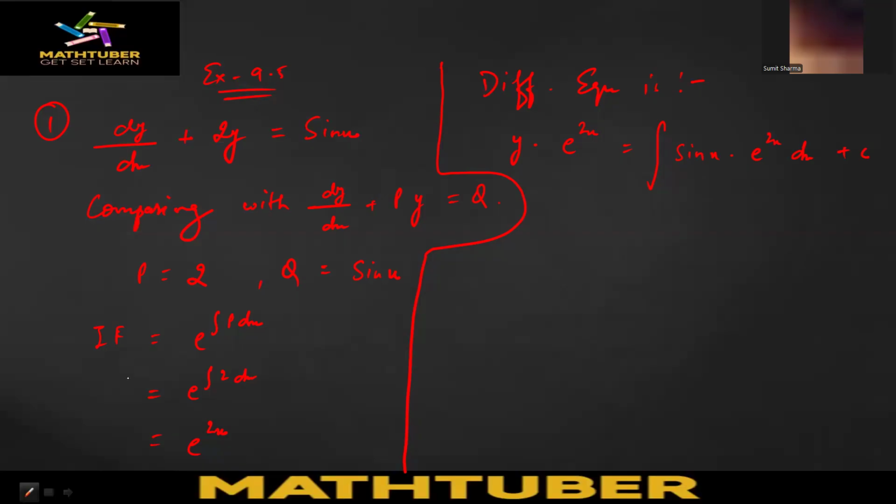So let us take this as the first equation and let I equal to integration of sin x into e raised to power 2x dx. Now, this is the first function, this is the second function.